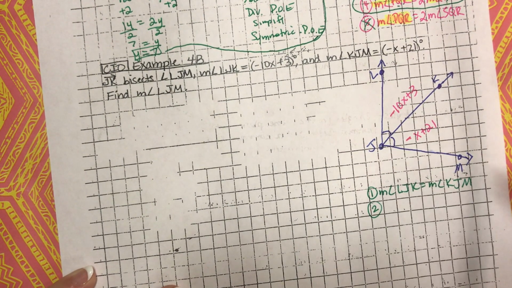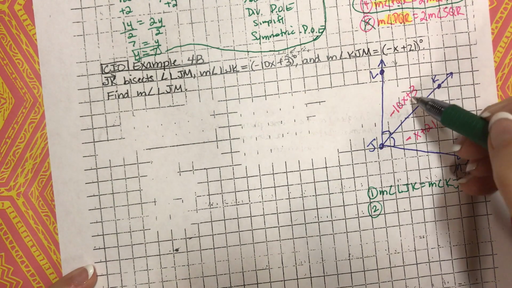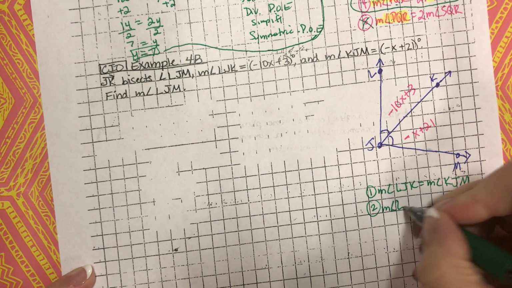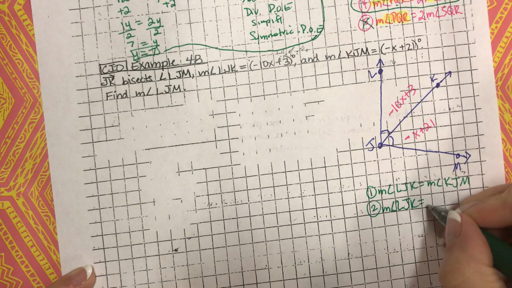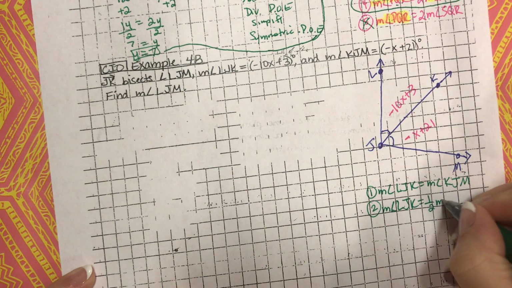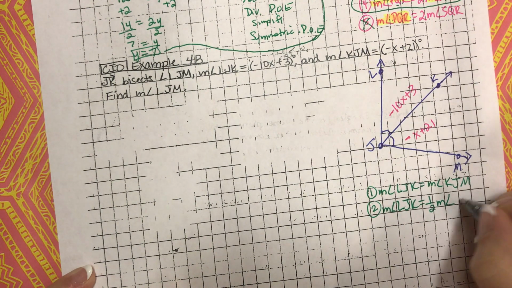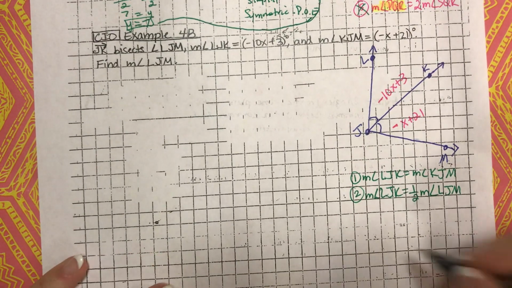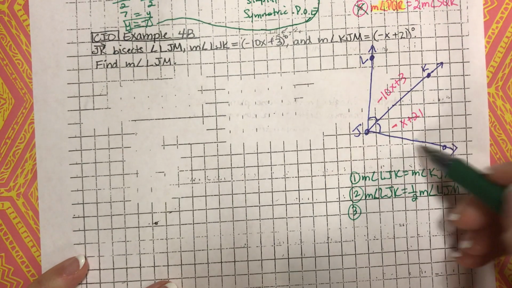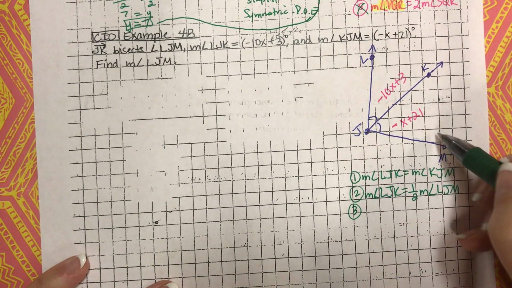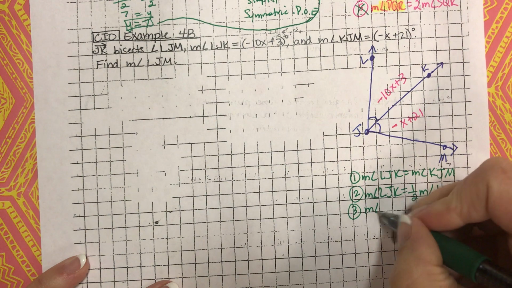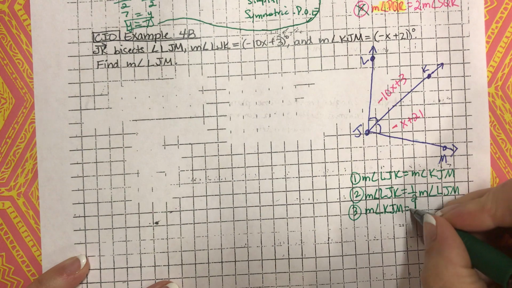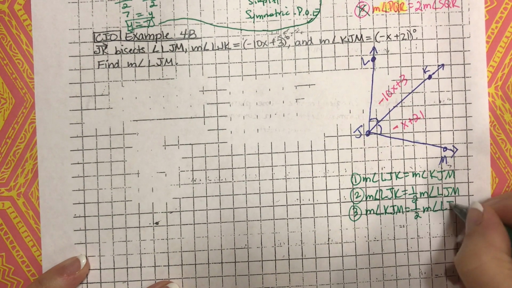All right, the second equation would be that this one right here is half of the whole. So the measure of LJK is equal to 1/2 the measure of the whole thing, LJM. Okay, and then the third would just kind of be the pair, which would be the measure of this angle would be half of the big one. So the measure of KJM is equal to 1/2 the measure of LJM.